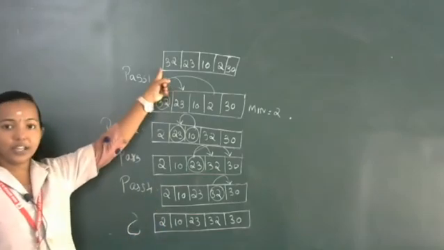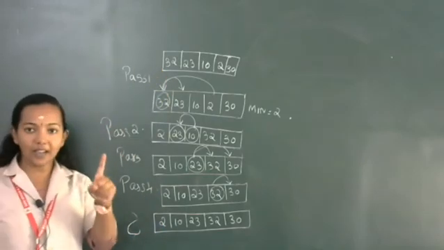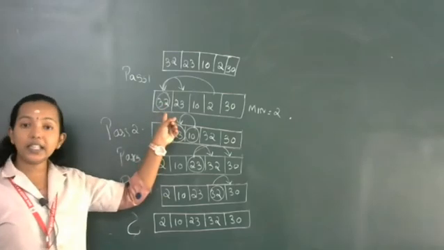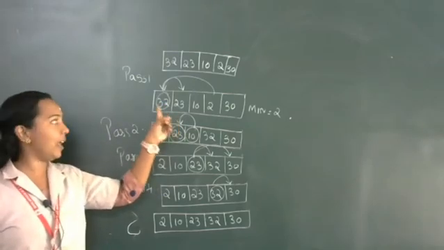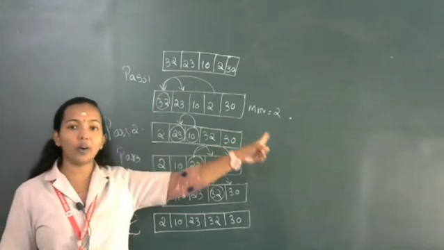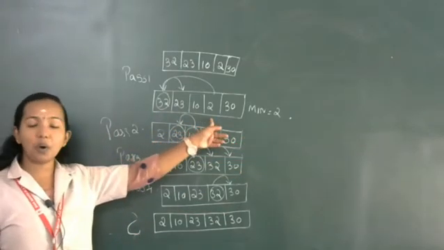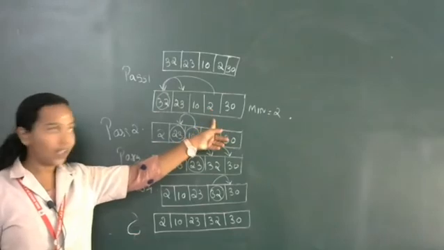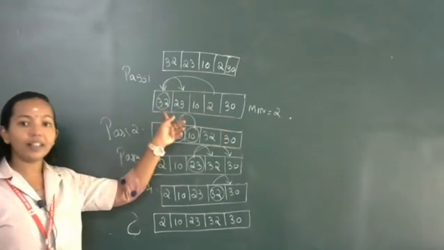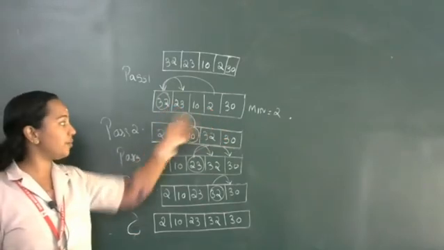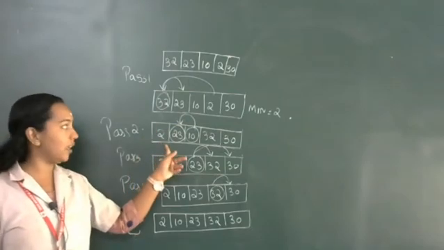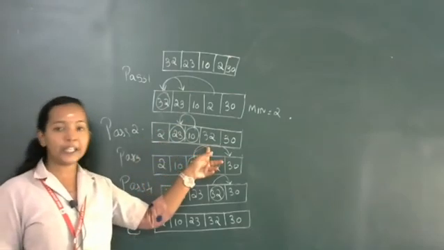So this is the initial array. In the first pass, we are assuming 32 as the minimum element and comparing it with all the other elements. After the comparison, the smallest element was 2. That 2 is replaced by 32.